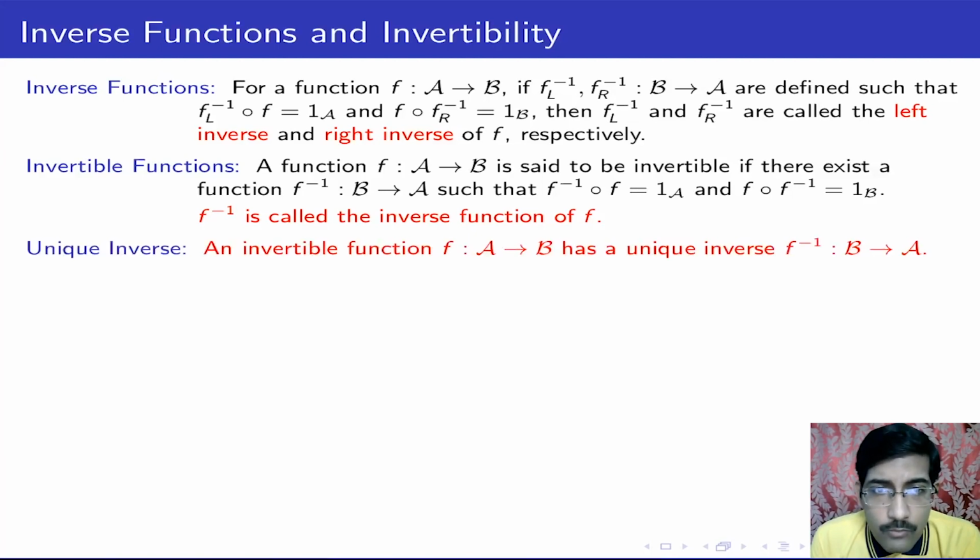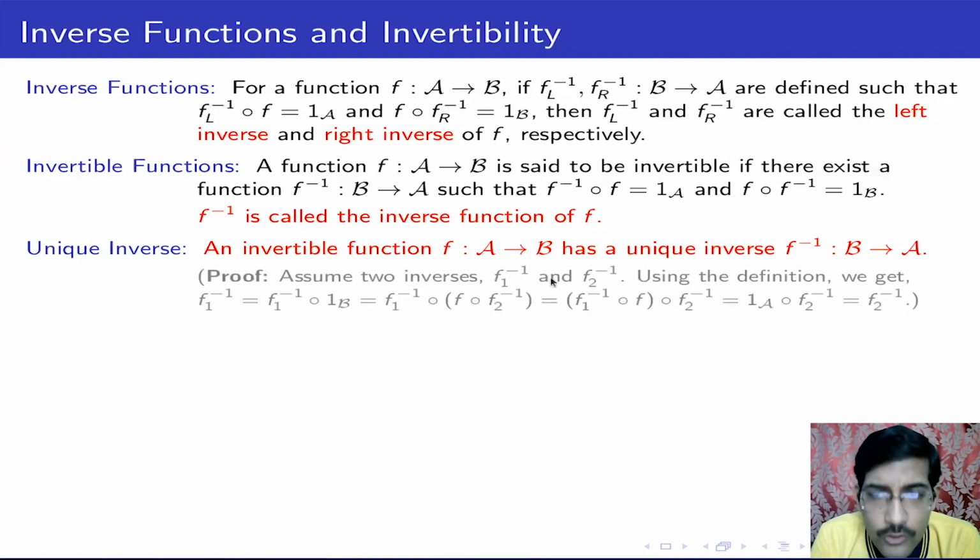We have also, as we are discussing, that there could be two inverses, but actually those inverses are unique. So the uniqueness of inverse property says that every function which is invertible shall have only one inverse. It is very straightforward to show, because you assume the contrary, that there are two inverses. So assume f1 inverse is an inverse and f2 inverse is also an inverse; both will follow these two properties because f is invertible.